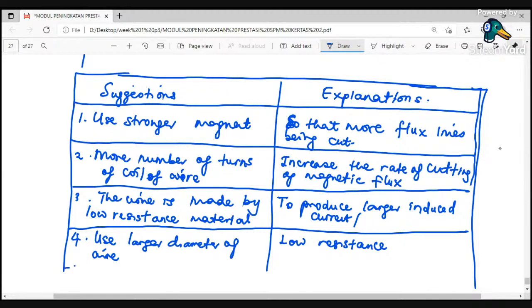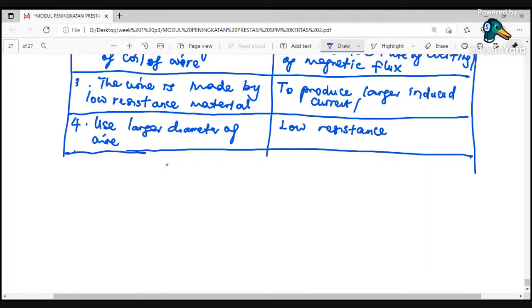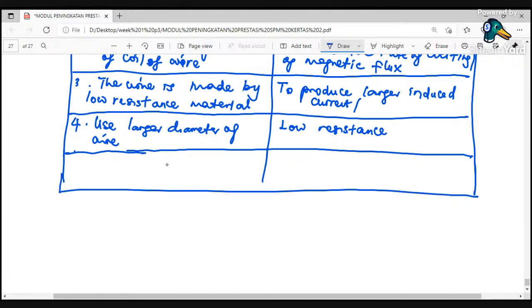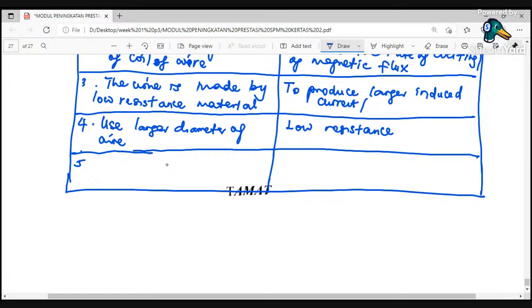And then last one. Kalau you ada lebih daripada 5, you boleh tulis. No problem lah. Tapi kalau you confident 5 tu dah cukup, tak ada repetition, so you boleh gunakan. Okay, number 5 ni kita boleh letak diameter of knob is larger.